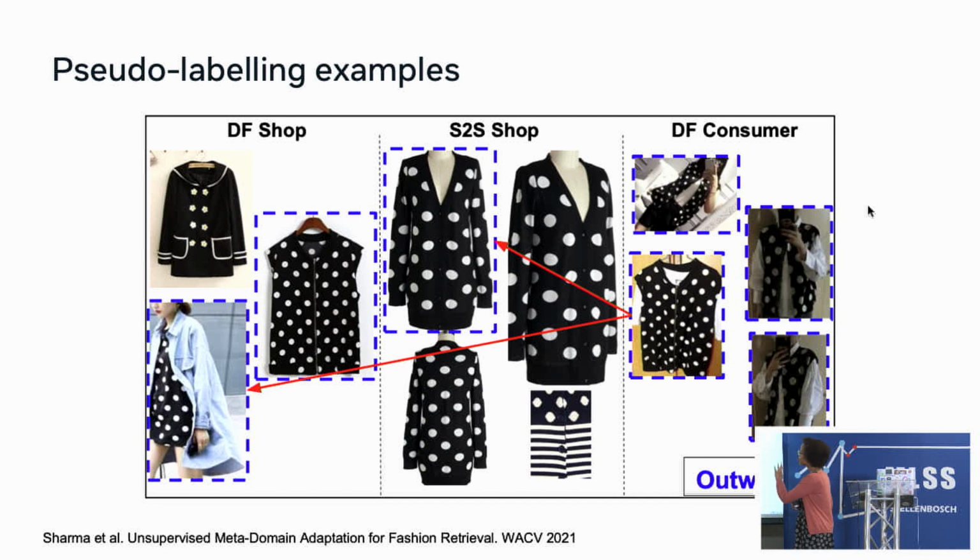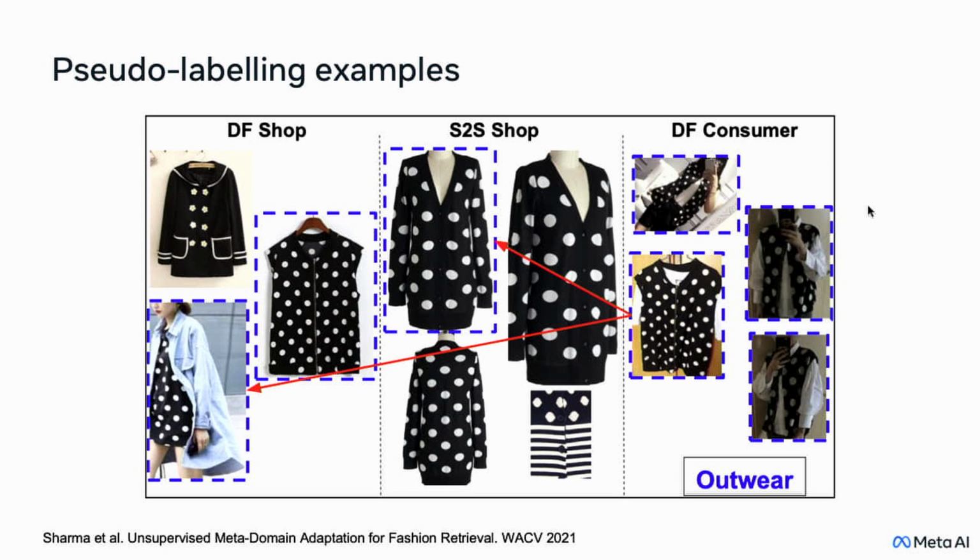Okay. So I'm just going to show you a couple examples of how this clustering works. We had these two pairs of data sets, right? A data set from one website, a data set from another website, and then we did this clustering approach. One website is DF, another one is S2S. What I'm showing here is a couple examples of clustering across different data sets.